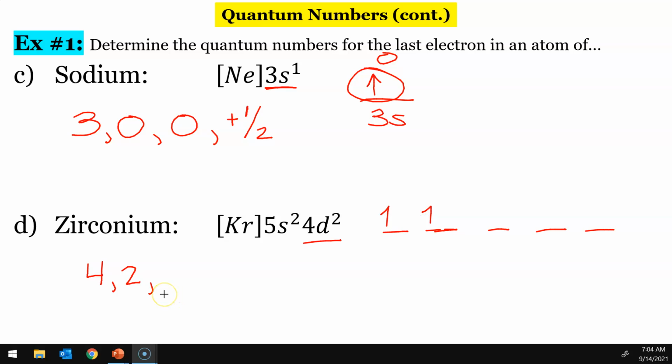We're going to number our orbitals from -2 to +2. This last electron is in -1. It's spinning up, so it'll have a fourth quantum number of +1/2. And those are quantum numbers.